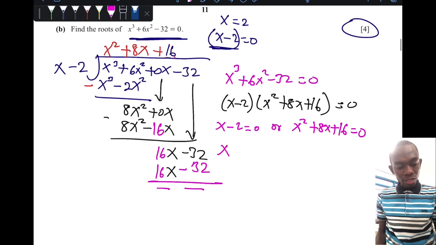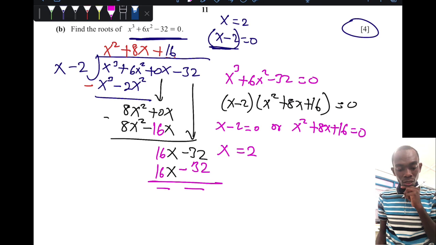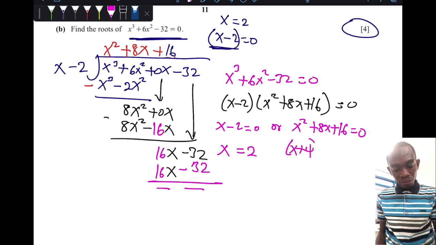All right, so for the quadratic, we need factors of 16 that add to give 8, which is 4 and 4. So you have x plus 4 and then x plus 4 equals 0.